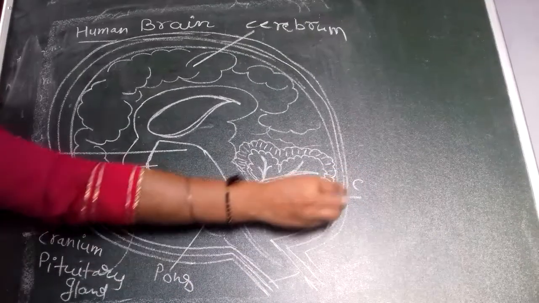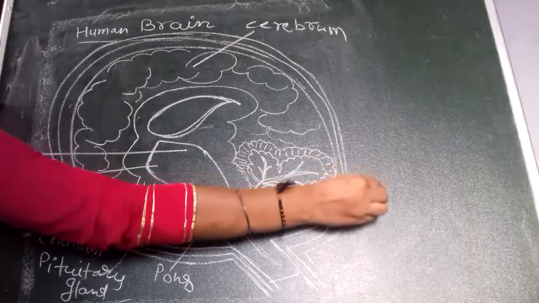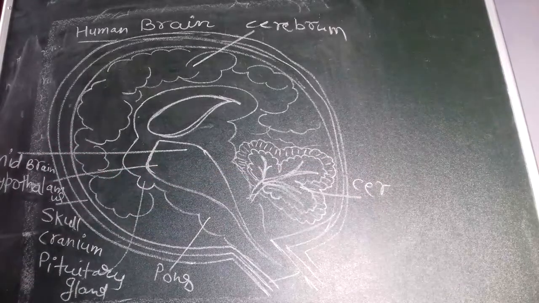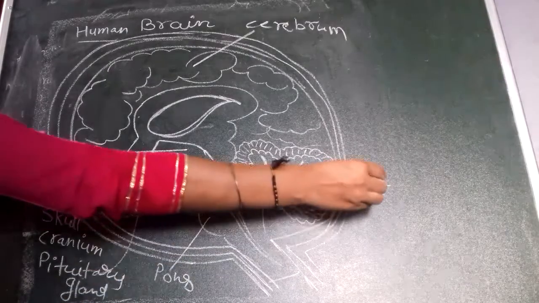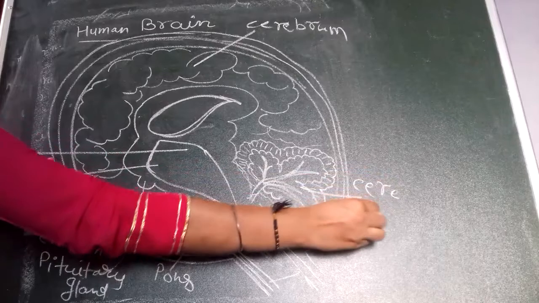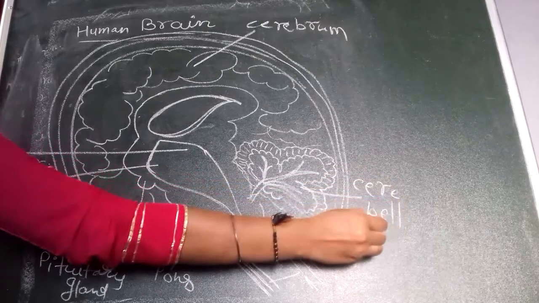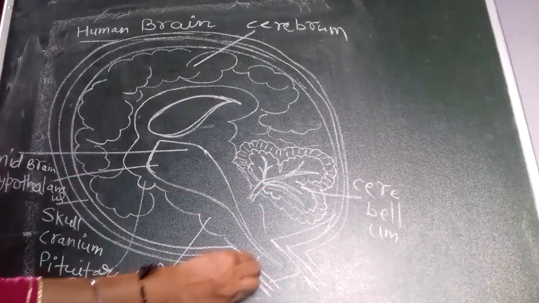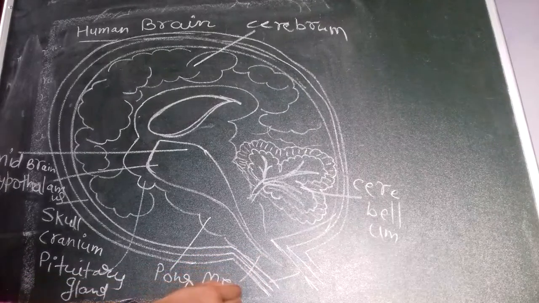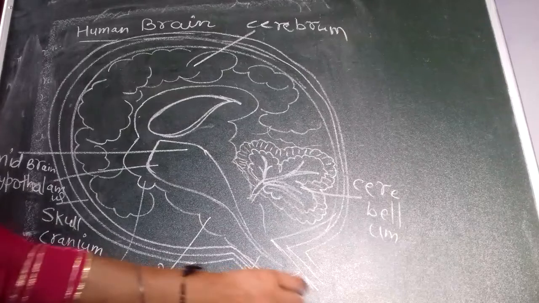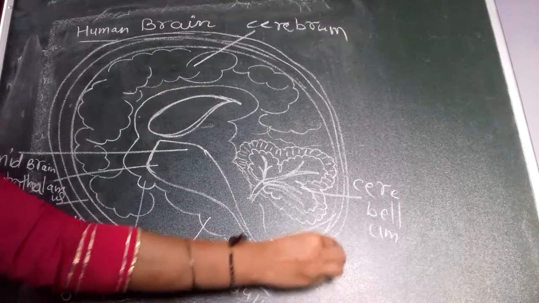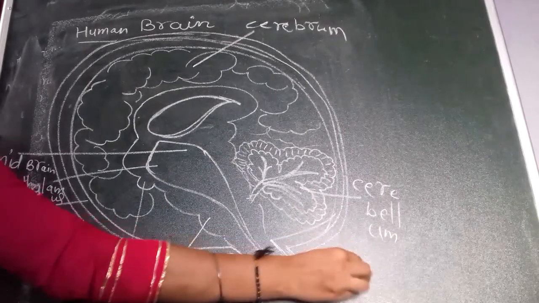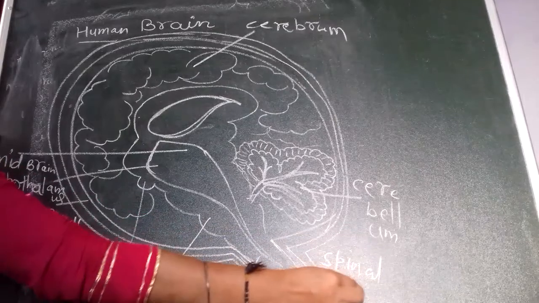This is the cerebellum. And this lower part is called the medulla. This is the medulla. And the next lower part is the spinal cord. This is the last part of the brain. It changes into the spinal cord.